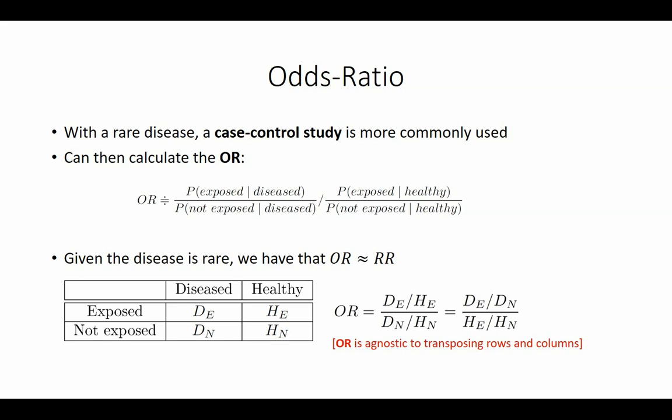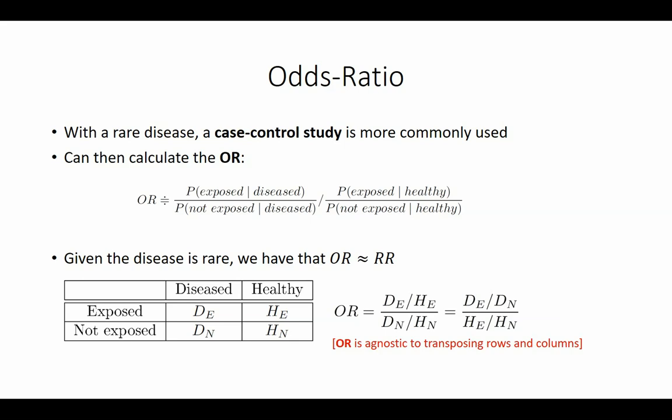We have this somewhat non-intuitive entity called the odds: we take the probability of being exposed given that you have the disease divided by the probability of not being exposed given that you have the disease. All of that is divided by the same ratio for being exposed given that you're healthy or not exposed given that you're healthy. The important thing to note here is that all of the conditional probabilities are actually reversed.